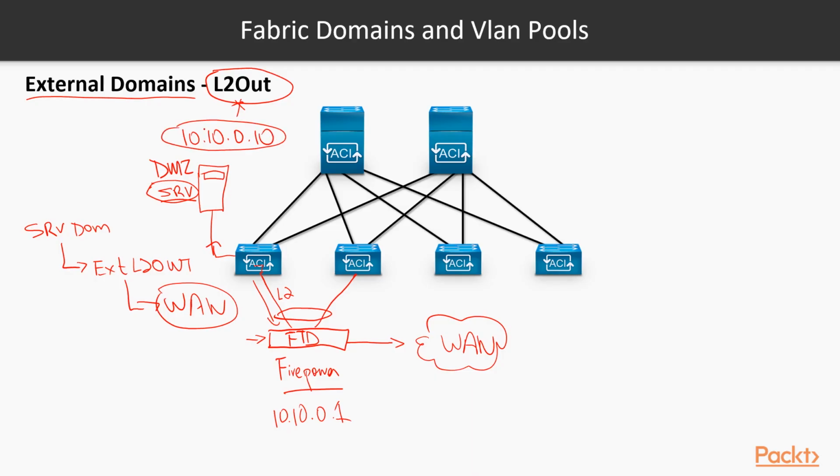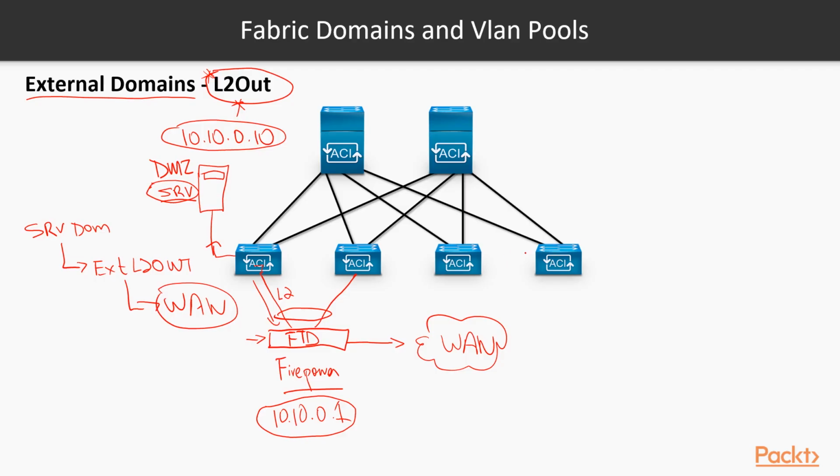You see, my server IP is 10.10.0.10, and my default gateway is not in the ACI fabric, it's on an external appliance. What's the server going to do? The server is just going to send the traffic to the ACI fabric, and then the ACI fabric, because I am associated to that external L2 out, is just going to treat it as external, and then it's going to use the Firepower to go out to the internet. You see?